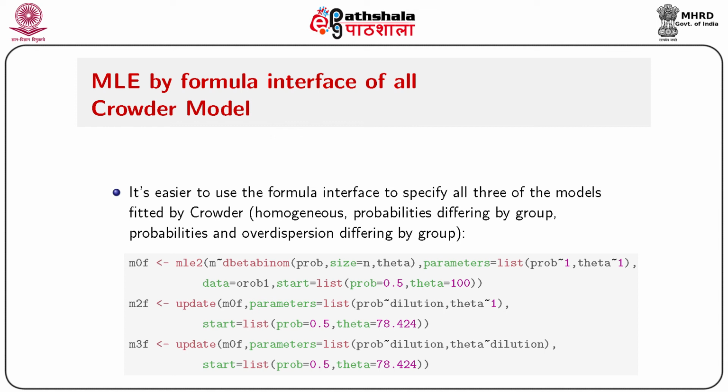Start with this, then similarly you update m2f, update m0f with parameter list prob tilde treatment, theta tilde 1, and start list prob 0.5, theta 78.428. m3f is again update m0f with parameter list in this, and start list prob 0.5 and theta equals 78.424.